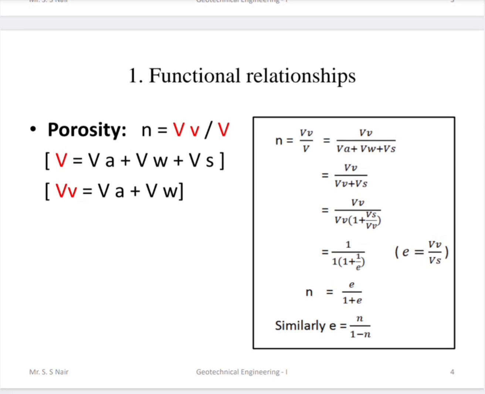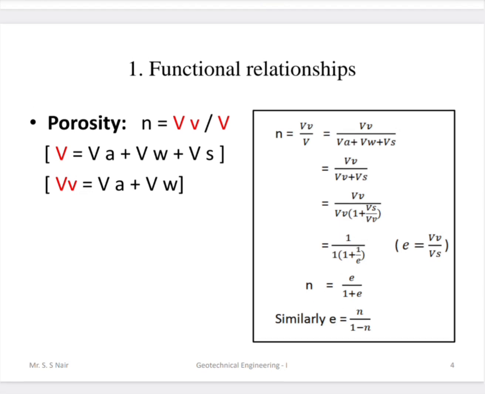We all know that. Here common terms we are taking out and then we are getting 1 divided by 1 bracket 1 plus 1 by E. Here using the LCM we get n equal to E divided by 1 plus E.